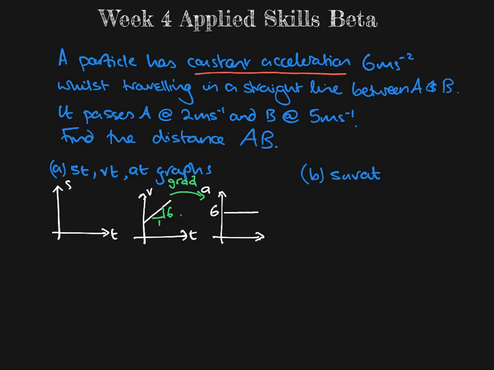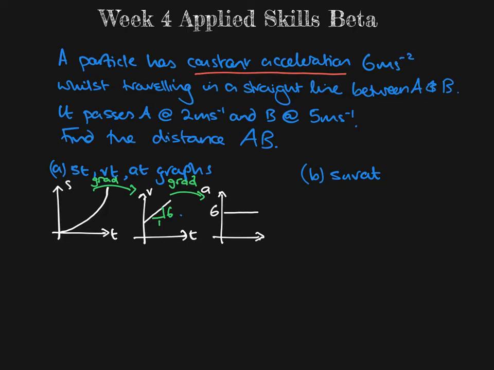So what about our displacement time graph? Well, you should know by now that this is a quadratic. S equals ut plus a half at squared, or S equals vt minus a half at squared, both quadratics in t. And the gradient of the ST graph at any point is the value of the VT graph at that point.